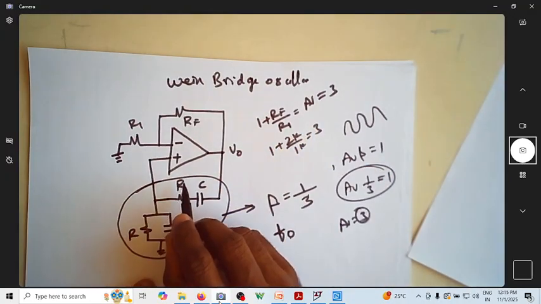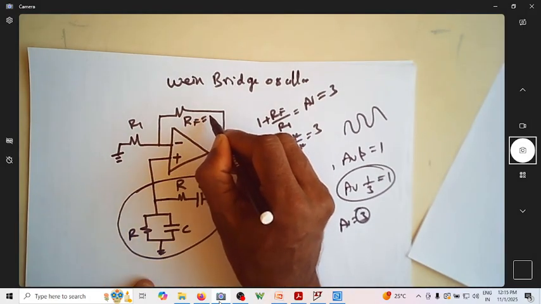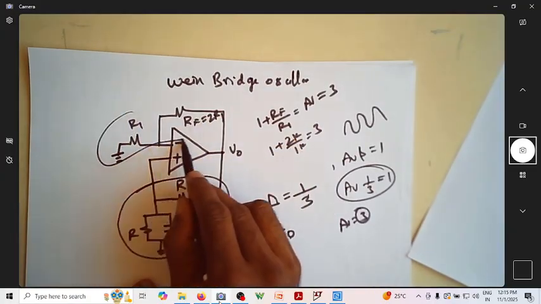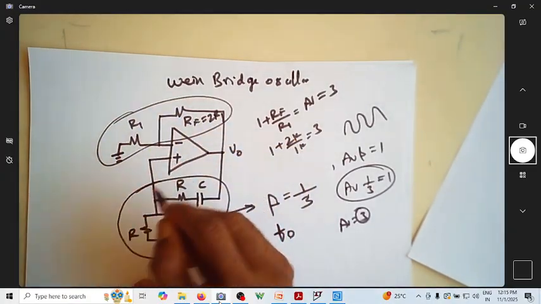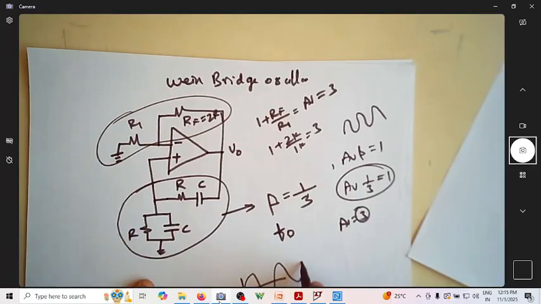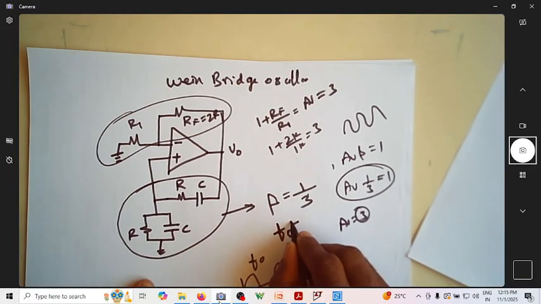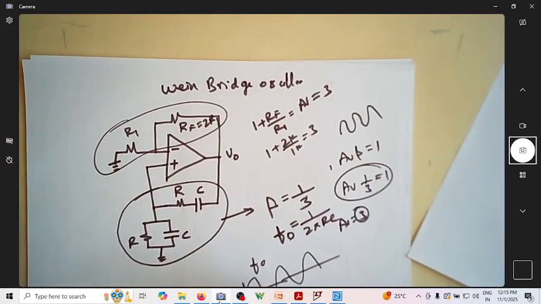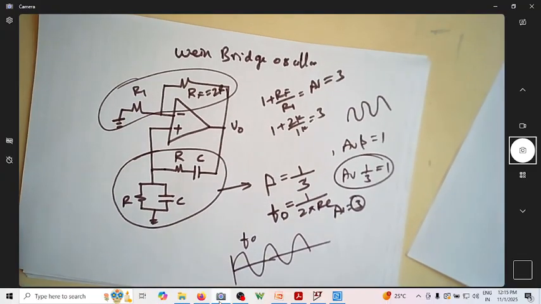Is it not 3 now? So when this RF is equal to 2 times R1, I will have the condition of A beta equal to 1. Then I'll get the oscillations at a frequency of F naught, which is given by 1 over 2 pi RC.